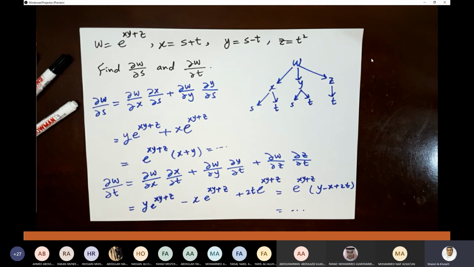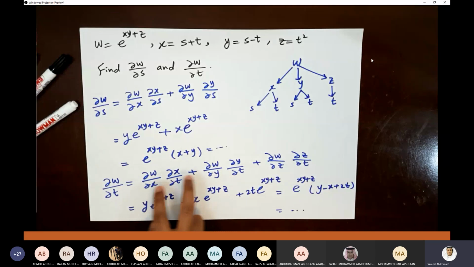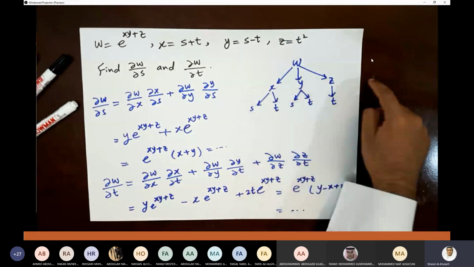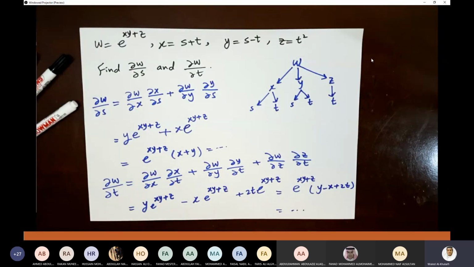I don't understand you. I can't write dw by dx and dx by ds and stop. You mean, for example, if I want partial w by partial t, I will do this? Yes. No, it's not correct. You have to find this. Okay, inshallah, if you have 100 variables, you have to follow all the paths connected to t.